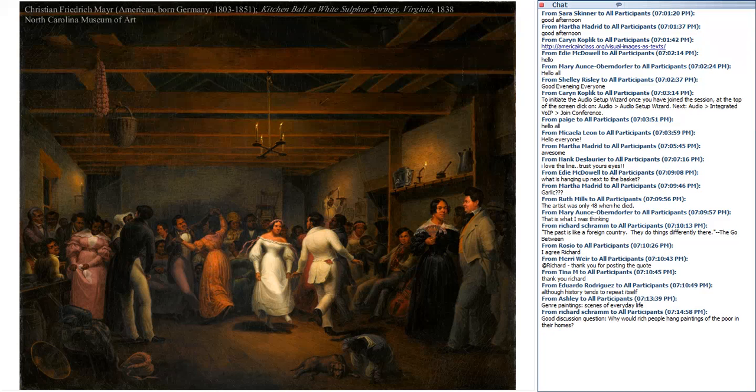What is interesting then is if that is the reason he got to White Sulphur Springs, why he went there in the first place, he seems to have gotten sidetracked. His other interest in genre painting seems to have kicked in, and he became attracted to what to a German would have been a very exotic subject of black people enjoying themselves.